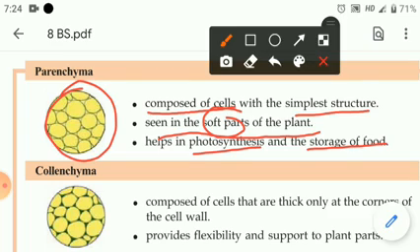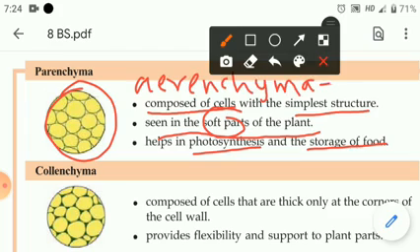Then there are different types of parenchyma. In some cells of the parenchyma there are air spaces. That is called aerenchyma. Aerenchyma helps in buoyancy, floating over the water, like a lotus leaf floating over the water.